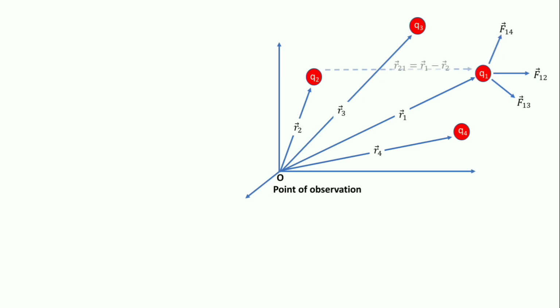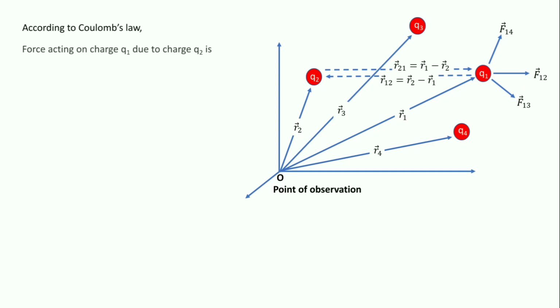Let r21 vector be the displacement vector from charge q2 to q1, and r12 vector be the displacement vector from q1 to q2. According to Coulomb's law, force acting on charge q1 due to charge q2 is equal to k into q1 into q2 divided by the square of distance between them. For distance you can take mod of either r12 vector or r21 vector. See in the diagram, they are opposite in direction but equal in magnitude.